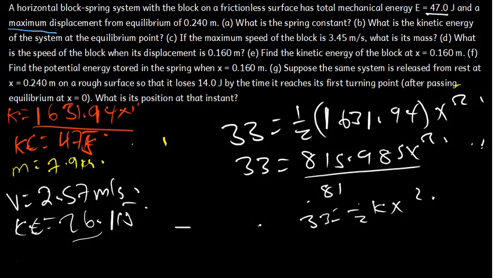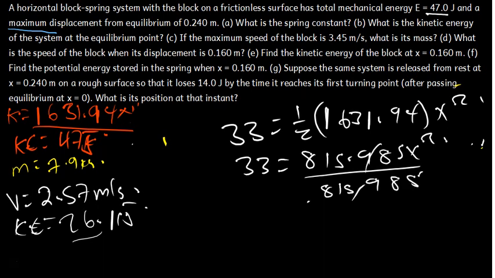So these will cancel. Our x squared is going to be equal to 33 divided by 815.985.